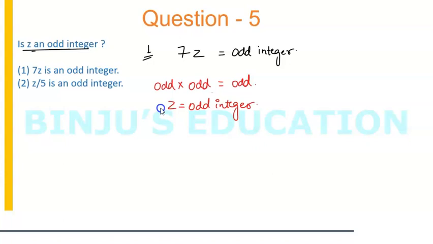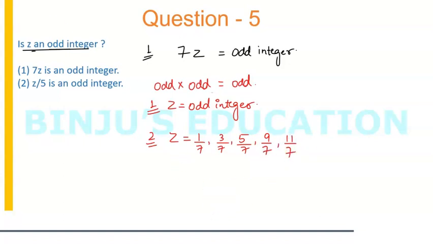But here is a catch in the question. We need to understand this. When you say 7z is an odd integer, that means 7 multiplied by z is an odd integer. So one of the cases is z is an odd integer. But what if z is a fraction? What if I take z to be a value like 1 by 7 or 3 by 7 or 5 by 7, 9 by 7, 11 by 7?